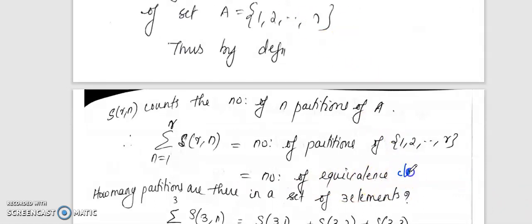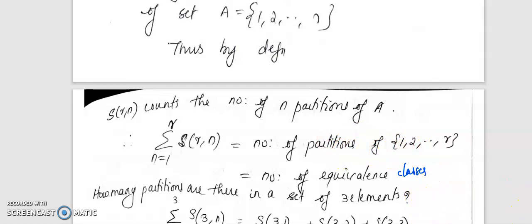So these are two ways of looking at the summation, that is the number of partitions of the set or the number of equivalence classes defined on the set A.